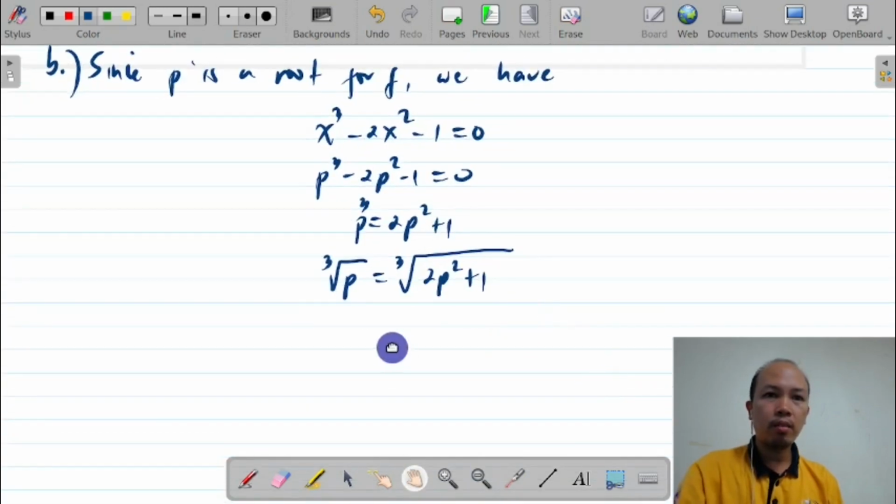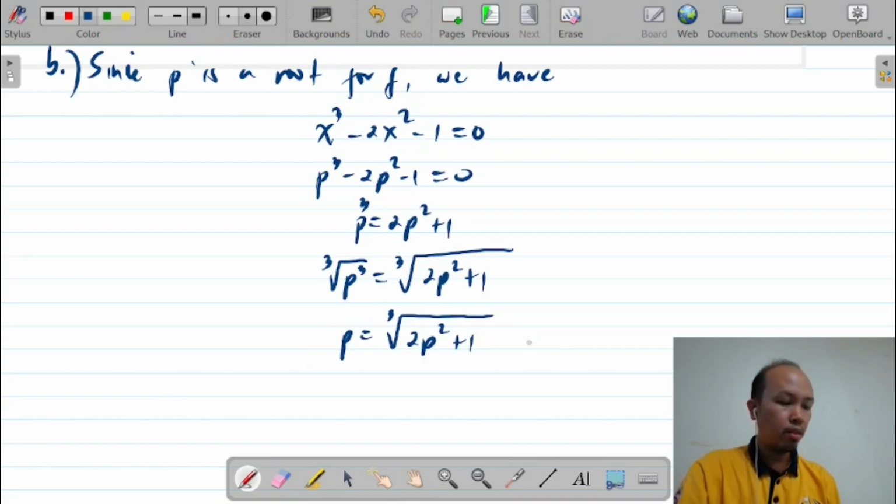So we have here p is equal to the cube root of 2p squared plus 1.